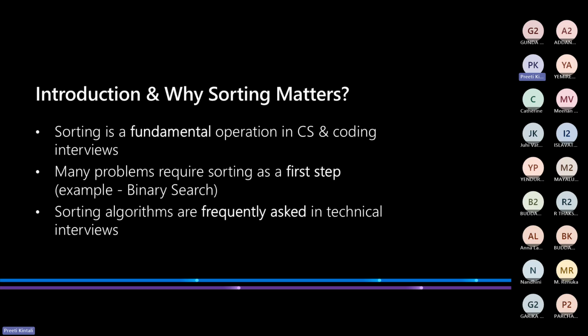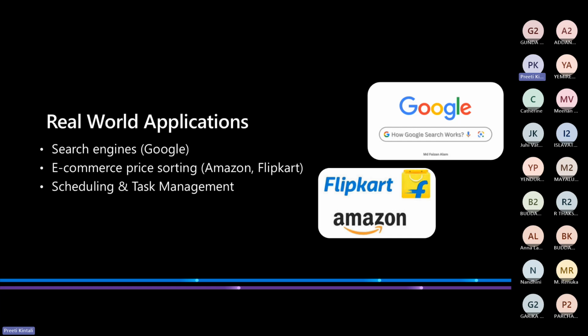Now, where is sorting applicable in real life? There are multiple real-world applications where sorting is used. For example, let us take the search engine Google. If we type something, they use sorting in displaying results according to the number of visitors or the most famous website.